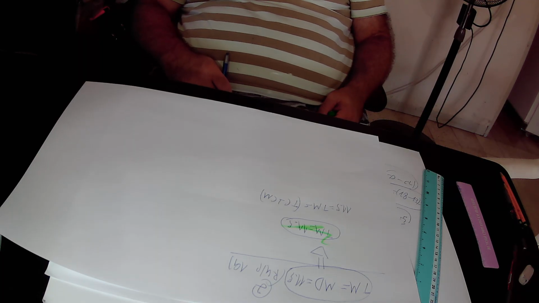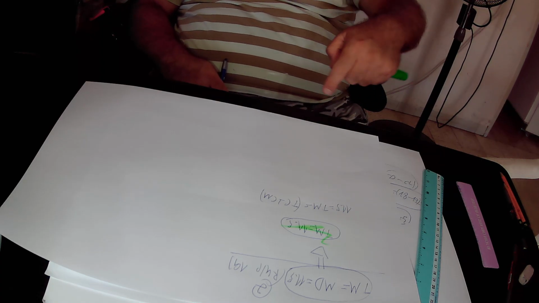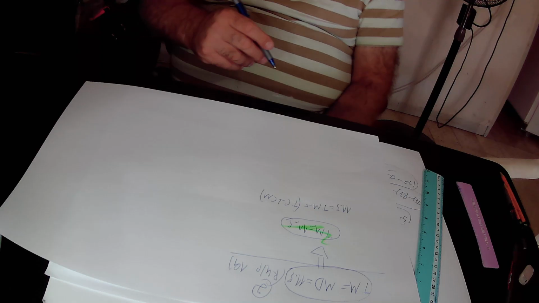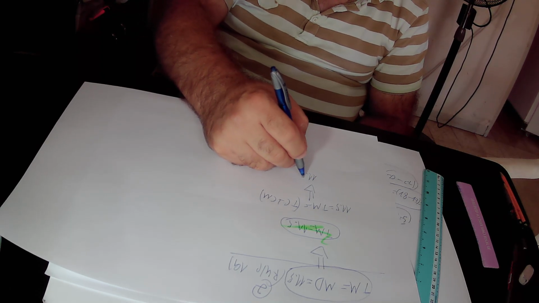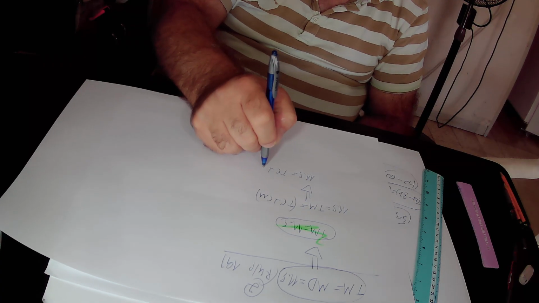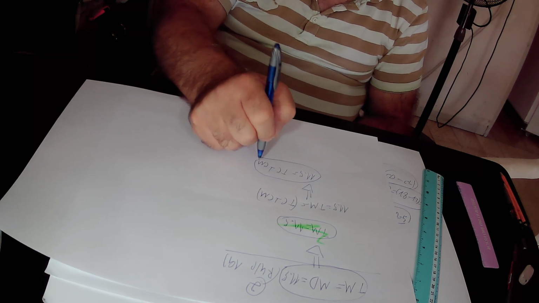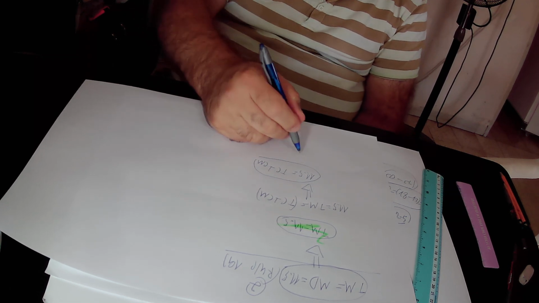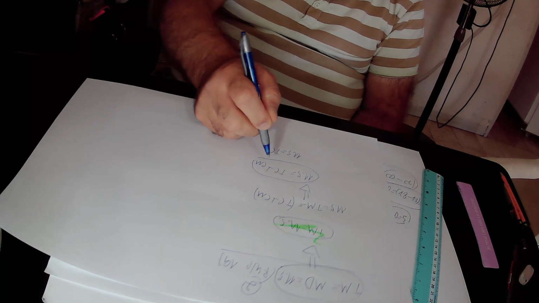And from this equation, 11.5 equals TM equals TC plus CM. We will derive that 11.5 equals TC plus CM. So 11.5 equals TC plus CM.